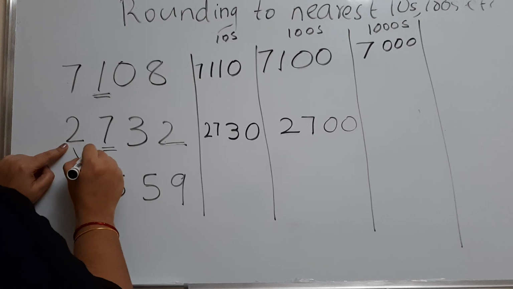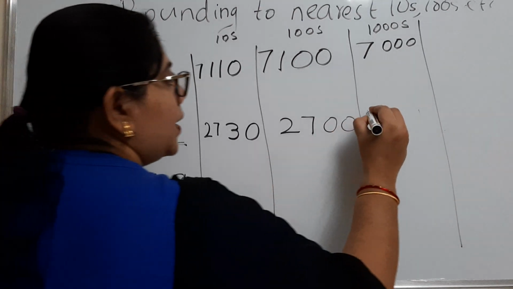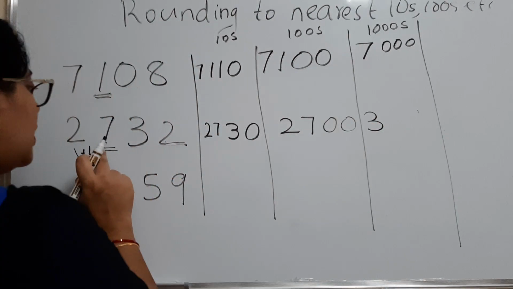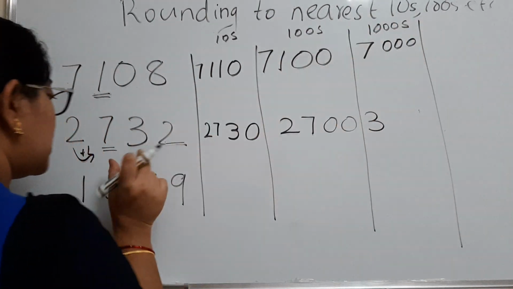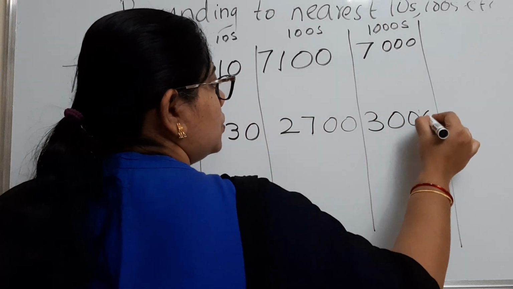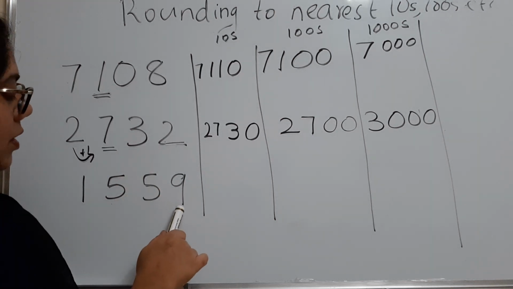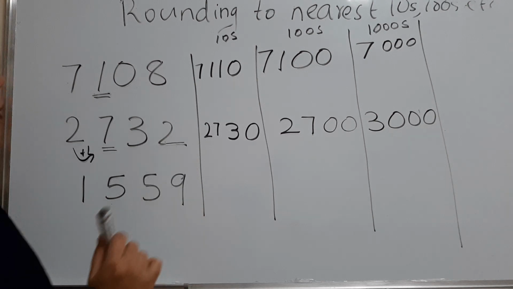So 2 plus 1 becomes 3, and since it is rounding to the nearest thousands, these three numbers will become 0. Okay, got it?